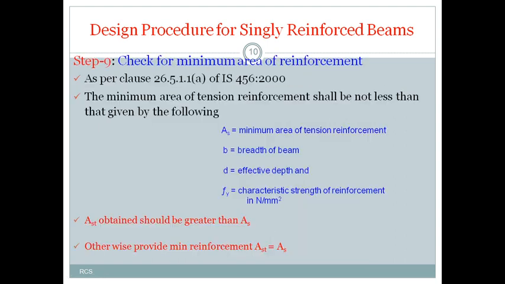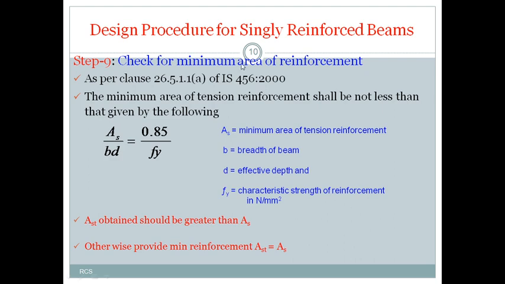Alright, now our design is over. Whether the designed dimensions are safe or not for practical purposes, we have to check using some checks given by IS 456-2000. Let me check first the minimum reinforcement criteria. What is the minimum reinforcement to be provided in the beam?